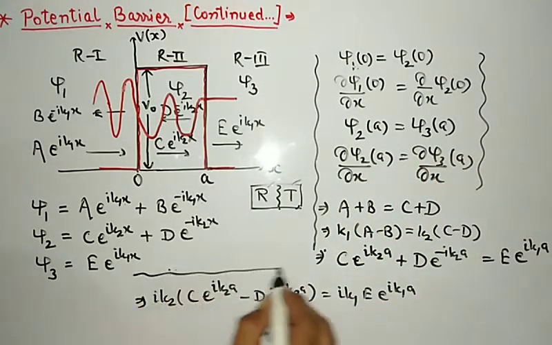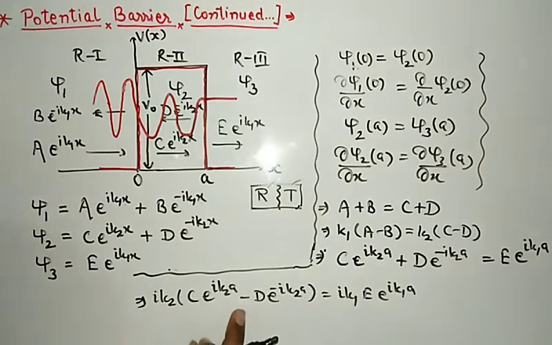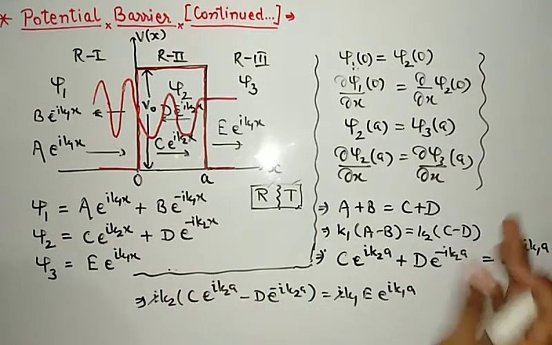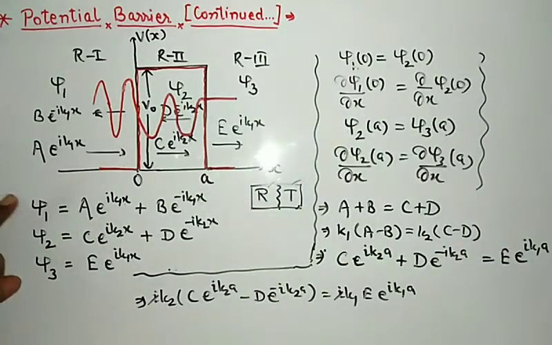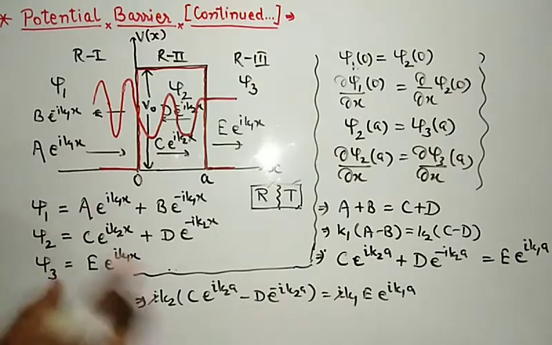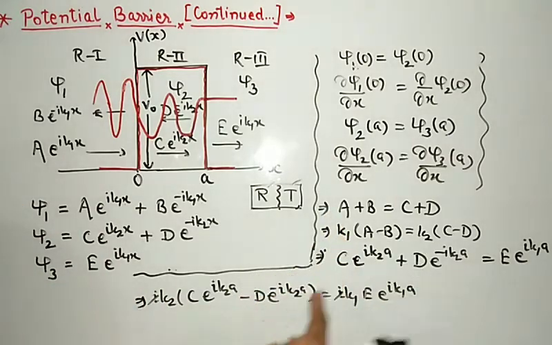So this is what we have achieved, the fourth equation, by applying this. i cancels out. Okay, so using these four conditions and these relations, we have obtained four equations.